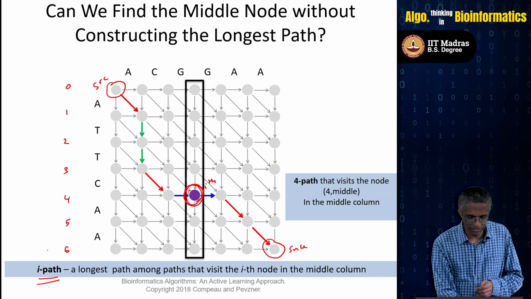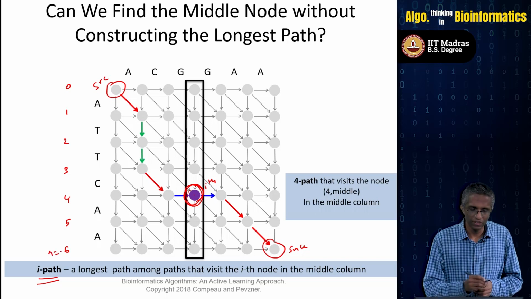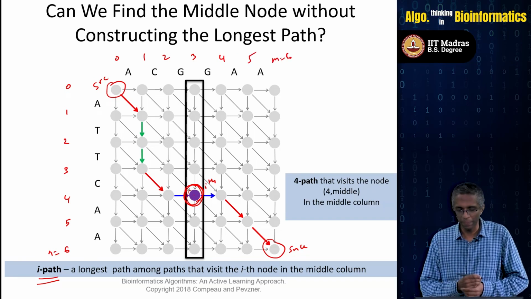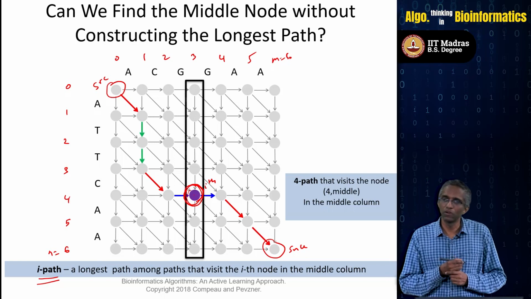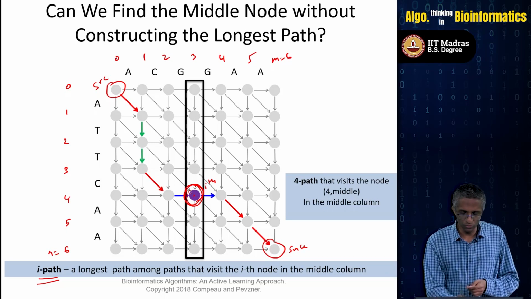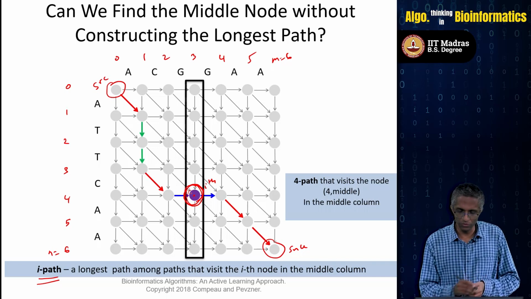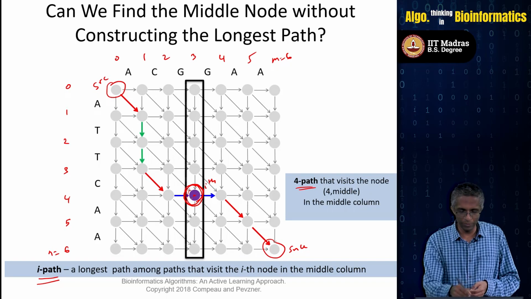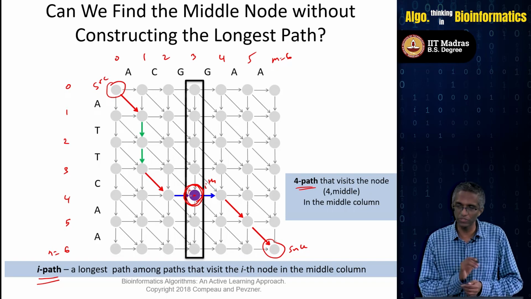And this is 5, 6, so n equal to 6. And the column is again 0, 1, 2, 3, 4, 5, m is also equal to 6. Okay, so you look at the middle column, column number 3, right? And if this is the 4th node that you are looking at in this column, the ith node, the 4 path is the path that, of all the paths that visit 4 from source to sink, is the longest path.